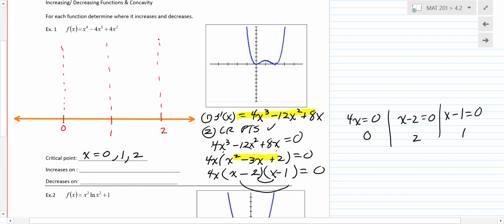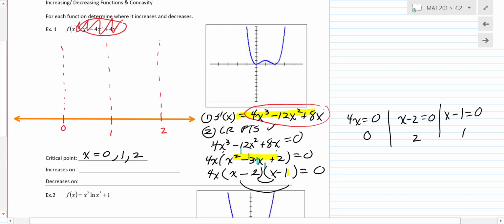Now, what I like to do on this is you got 2 choices. When you do test points, you can either plug into the derivative here, or here. You can plug in there, or you can plug in here.